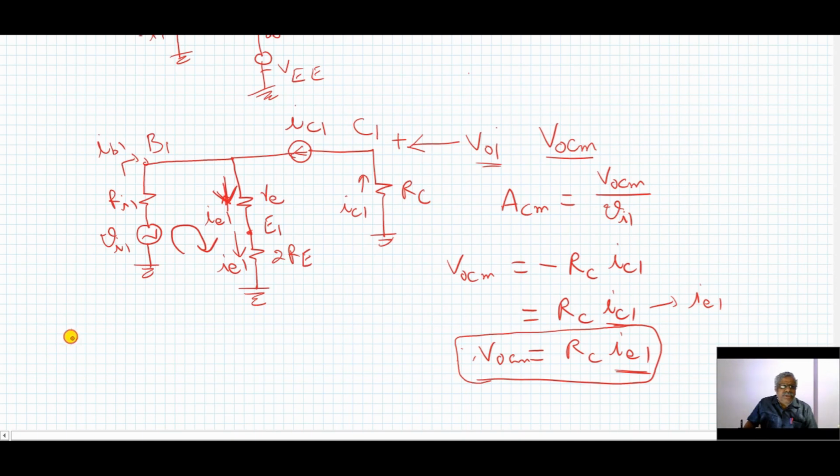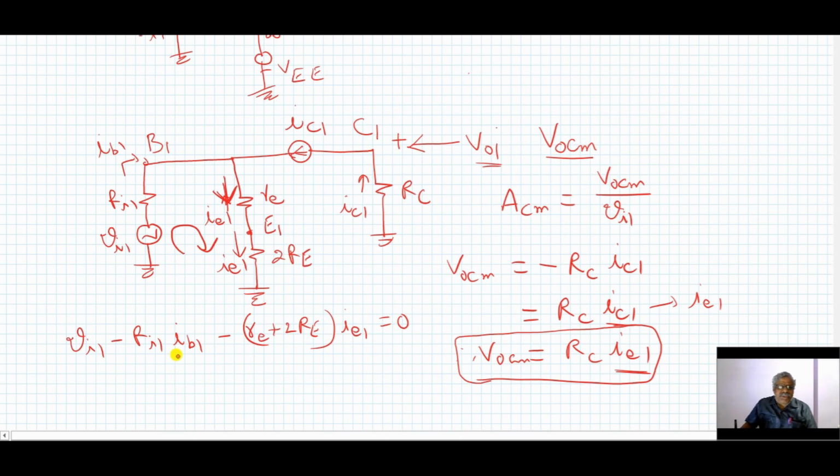What we get is VI1 minus RI1 into IB1 minus, these two resistances are in series with each other, so the sum of the resistances, re plus 2RE, into IE1 is equal to 0. This is the loop equation for the input loop.